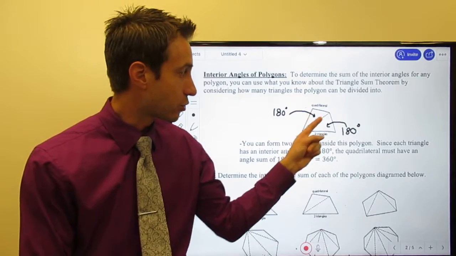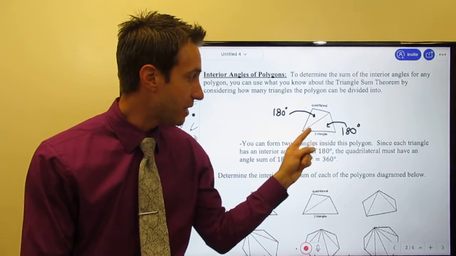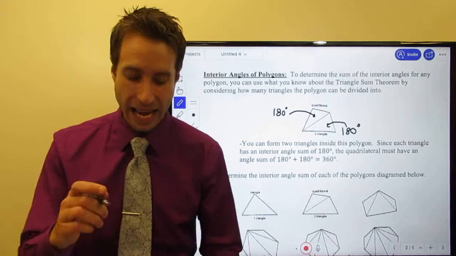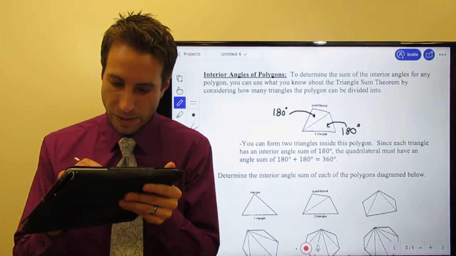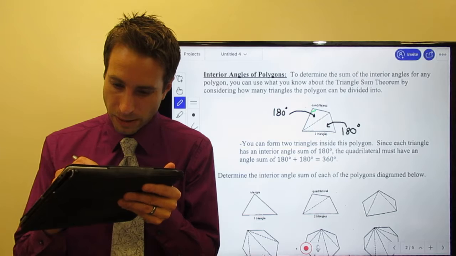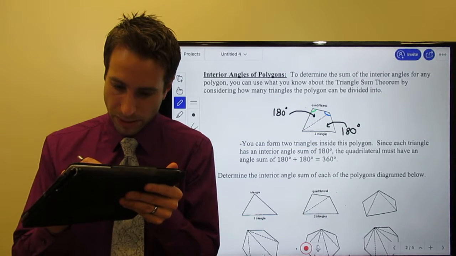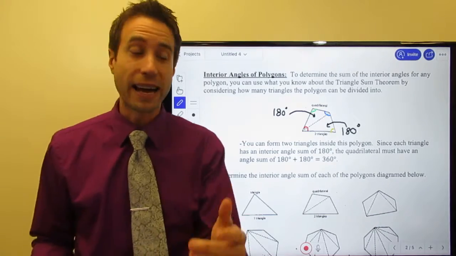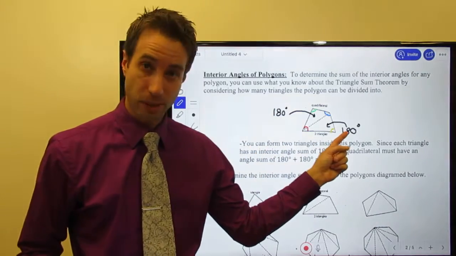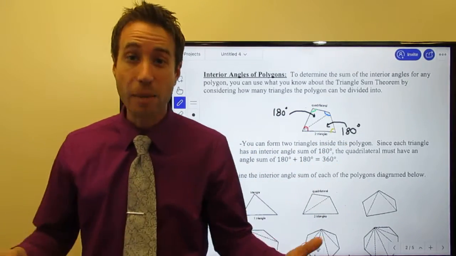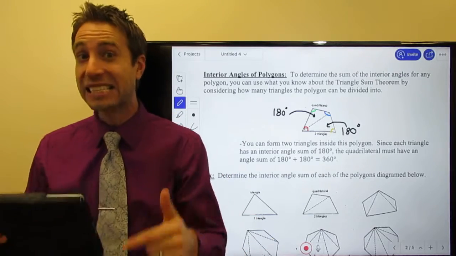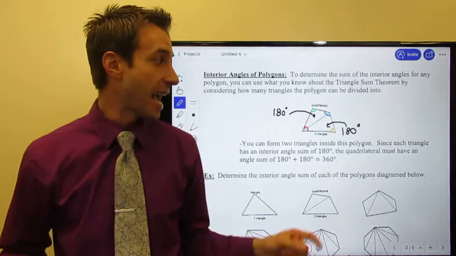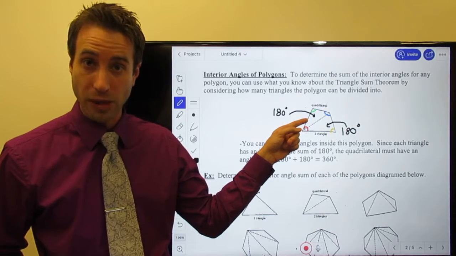Well, since this triangle sums to 180 and this triangle sums to 180, in order to find the sum of the angles in the quadrilateral, this one plus this one plus this one plus this one, all I have to do is 180 plus 180. Just add up the number of triangles inside the quadrilateral to find the sum of the angles for that quadrilateral.